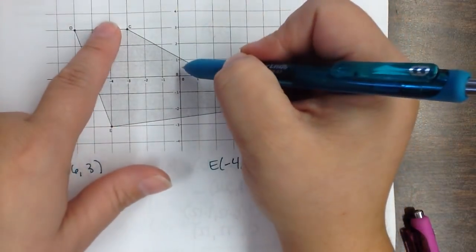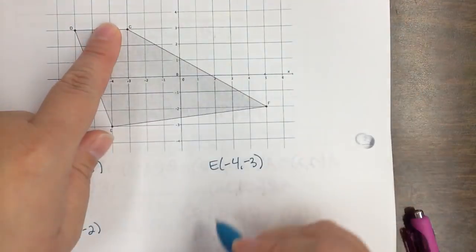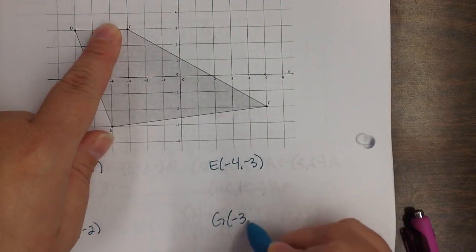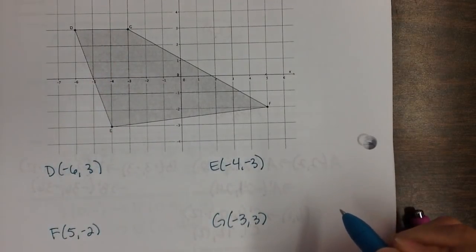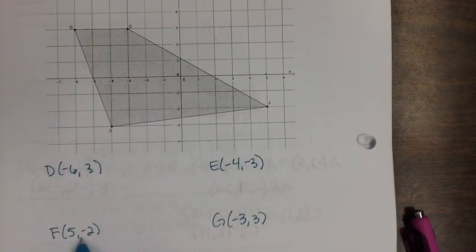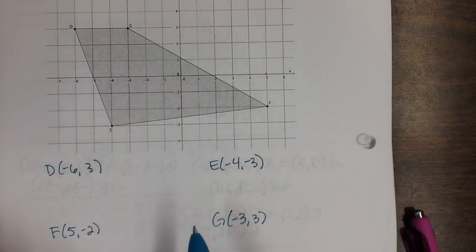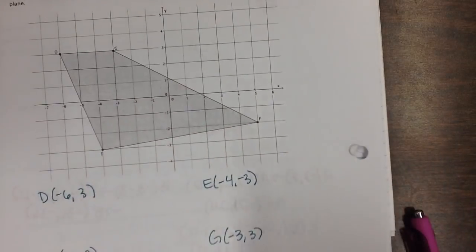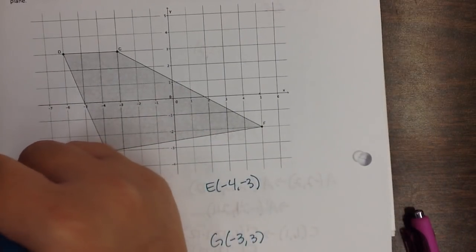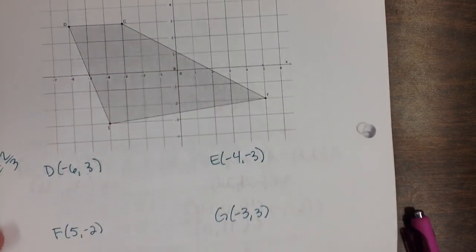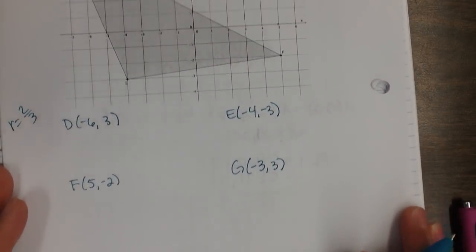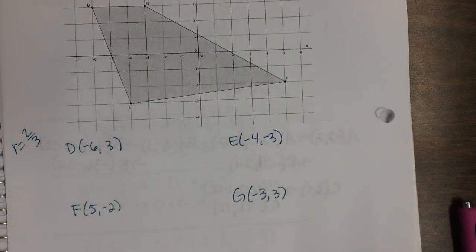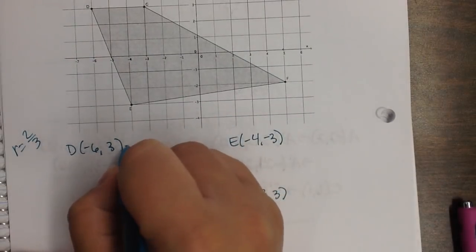And G is at -3, 3. Okay, so what we're going to do here is take these coordinates and multiply by our scale factor. And our scale factor up here was 2/3, and I will write it down here. Okay, so our scale factor is 2/3. So we're just going to multiply it out like we have in the previous problems.